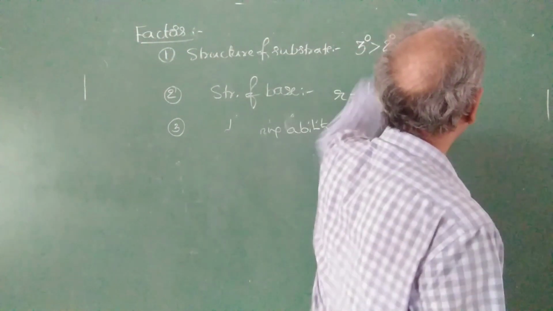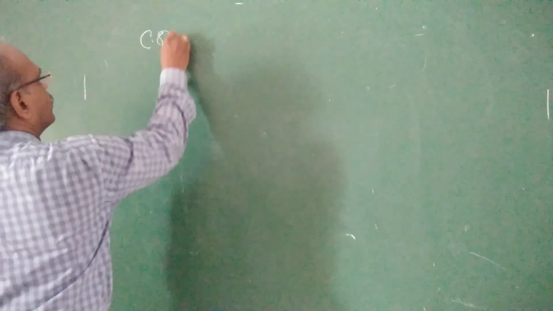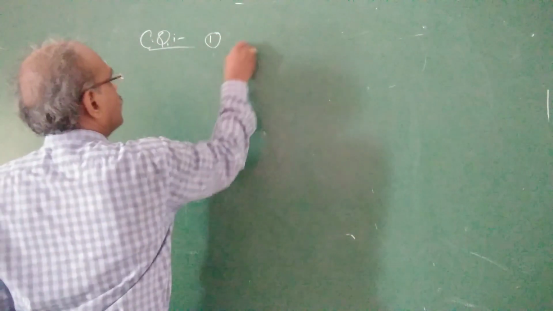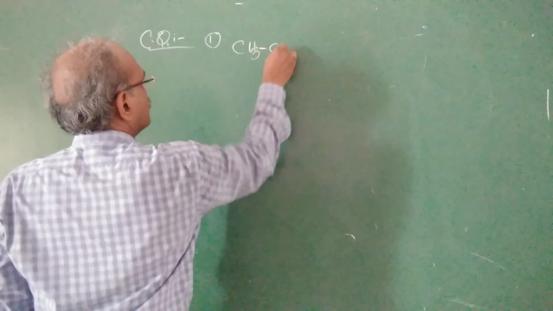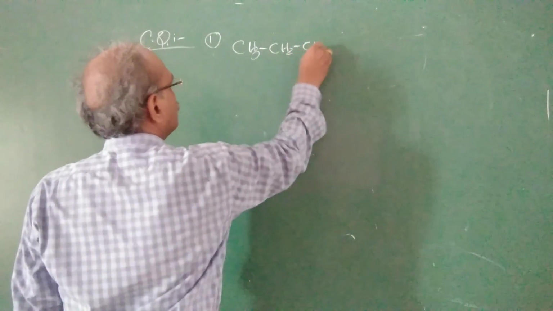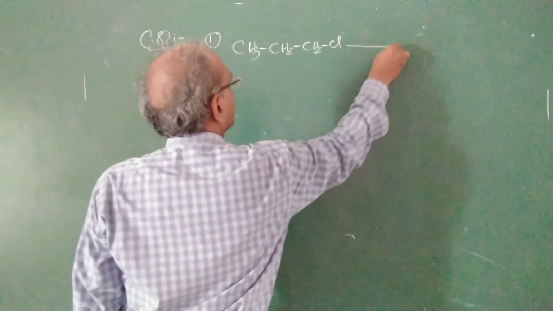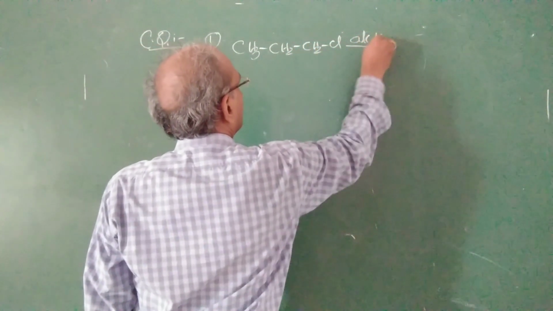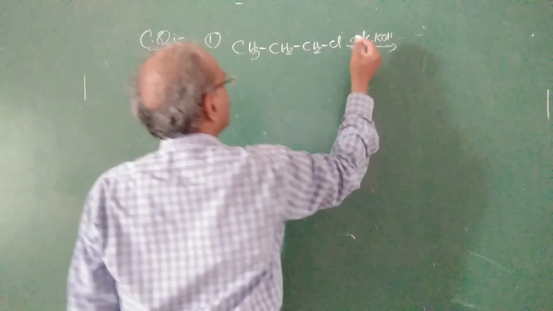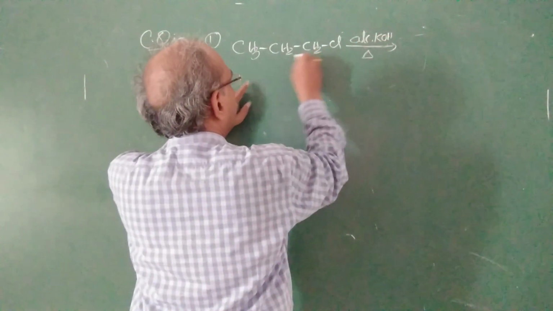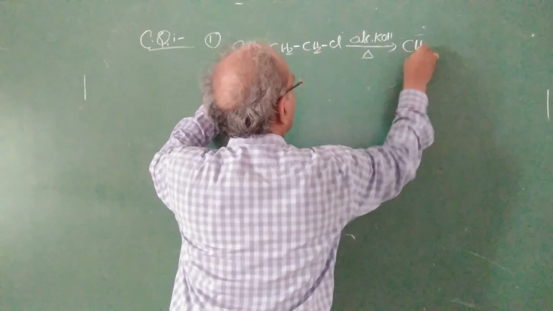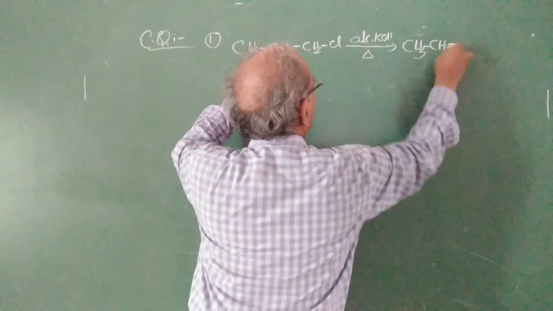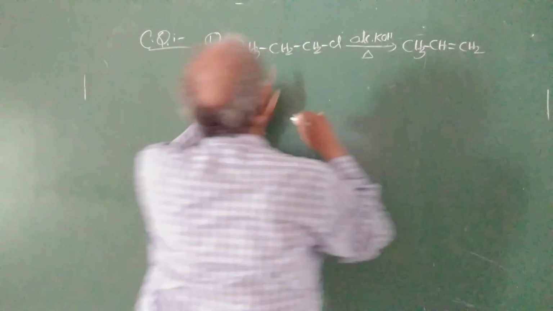Now let's see one conceptual question. See here, if they are given CH3CH2CH2Cl, alcoholic KOH, heat. The product is, Cl from this, H from this, CH3CH=CH2.